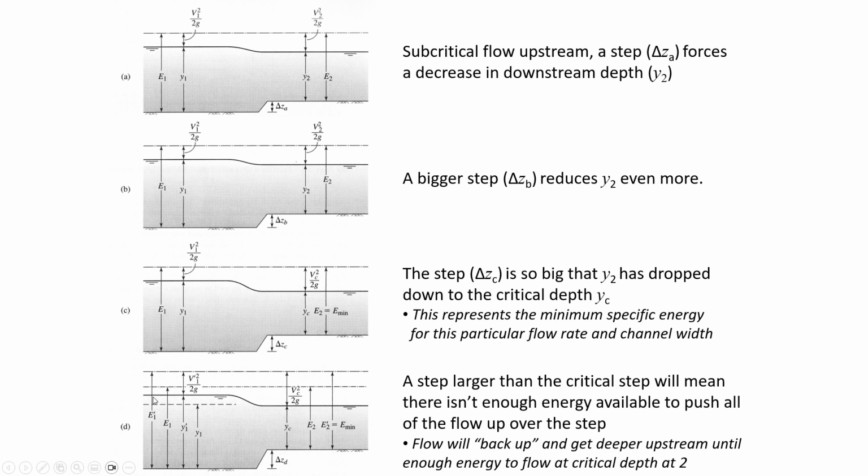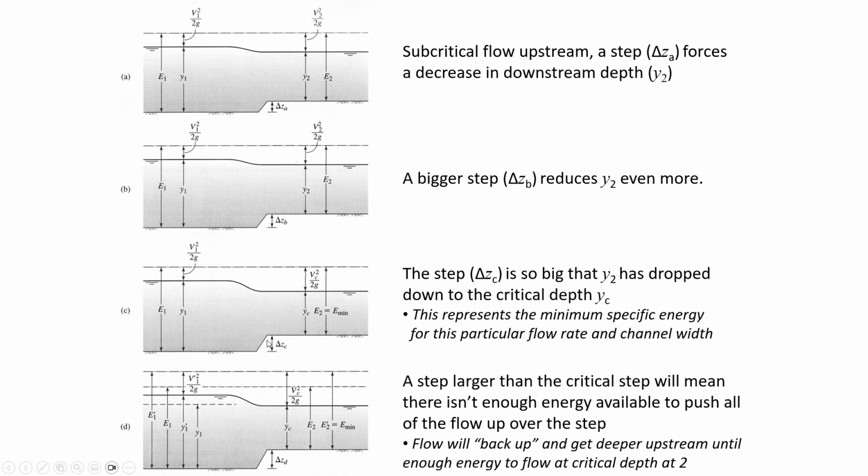And what happened was the depth had to increase so that there would be enough energy to push the water up over the obstacle, and then it's going to continue to flow at the critical depth after the obstacle. So you'll notice in these first two figures it just says Y2, but then look in the third figure. Instead of Y2 it says Yc, because it's flowing at the critical depth when we get to that critical step height.